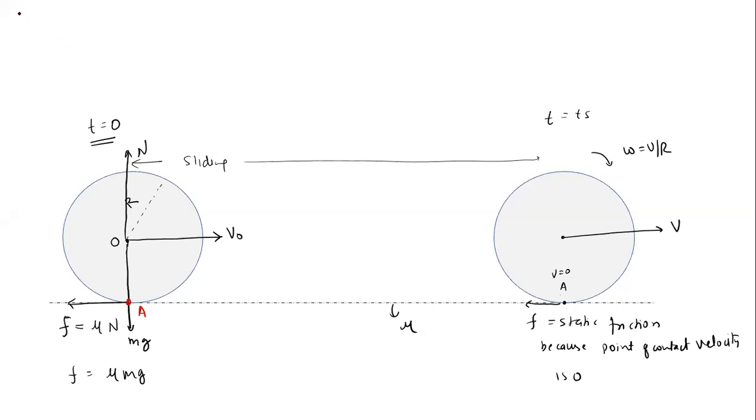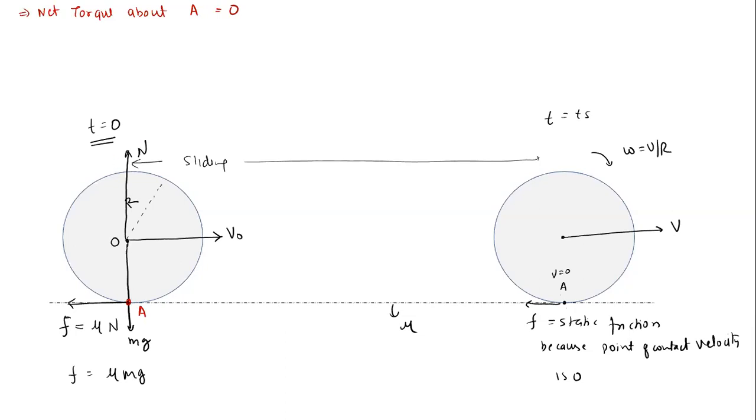So the net torque about A will be zero. That is very simple because at this point the friction force is passing, mg is also passing, and the normal reaction is also passing. So all the forces are passing through the point of contact.